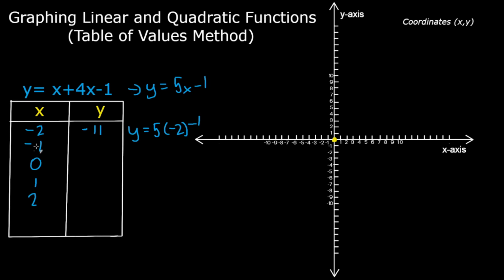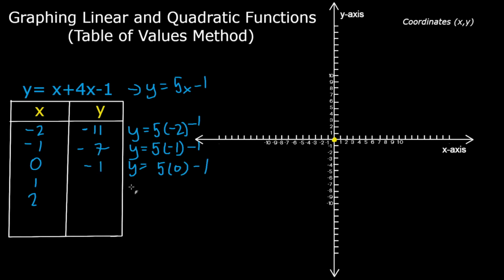And then, dito naman, when x equals negative 1, so, compute ulit natin, 5 times negative 1 minus 1. So, 5 times negative 1 is negative 5. Then, minus 1, magiging negative 6. So, dito naman, 5 times 0, kasi 0 lang to, then minus 1. So, we will have negative 1.